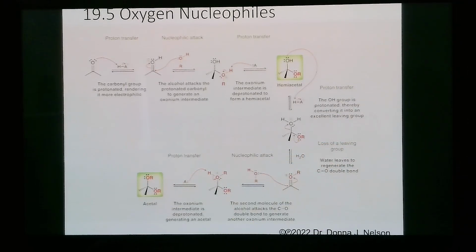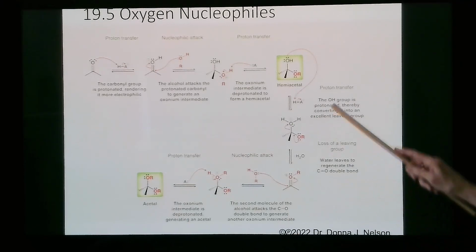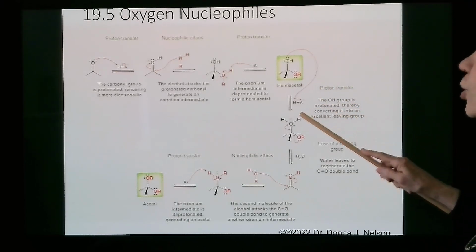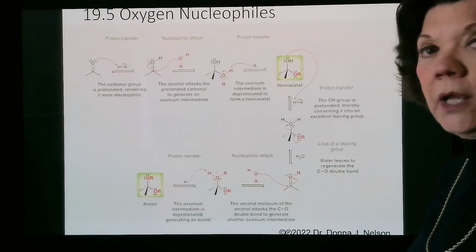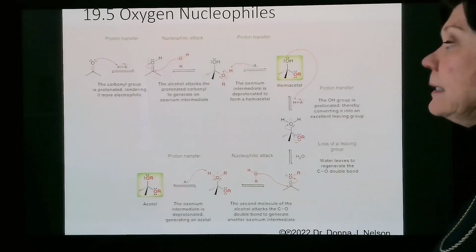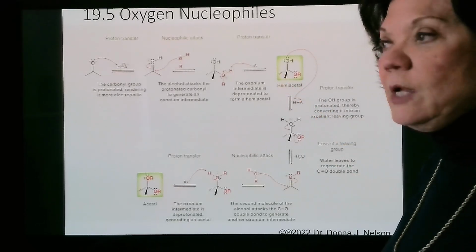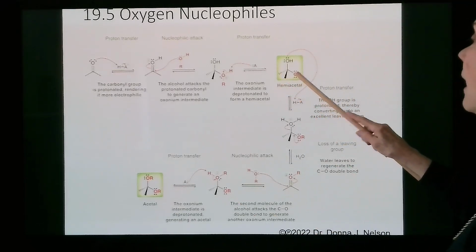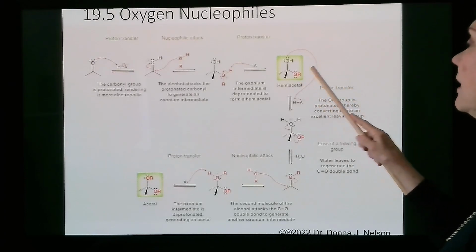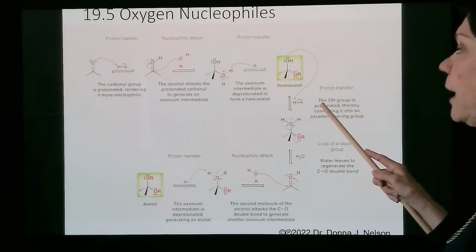Now, actually, in real life, all possible functional groups that can be protonated will be protonated under this condition. It's just that they won't lead to any reaction occurring. The protons are constantly involved in equilibria in which they're coming on and going off of the different functional groups that can bear protons.